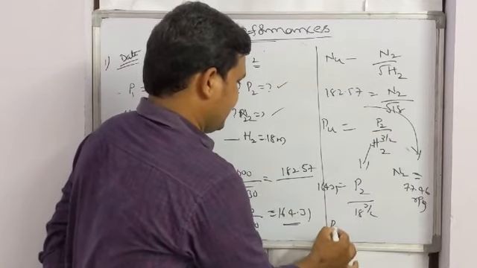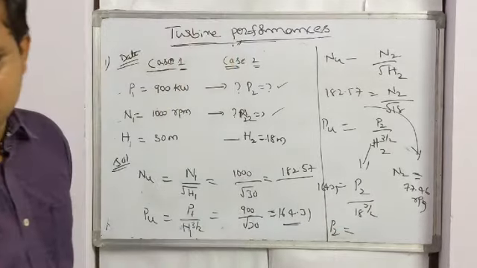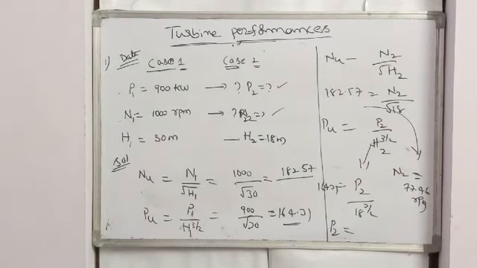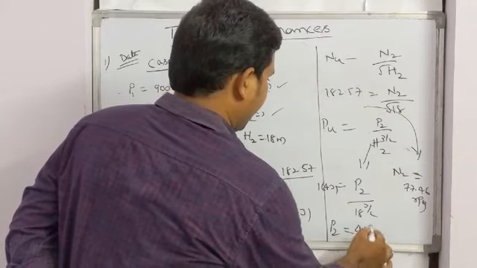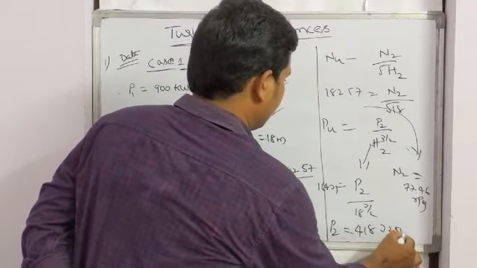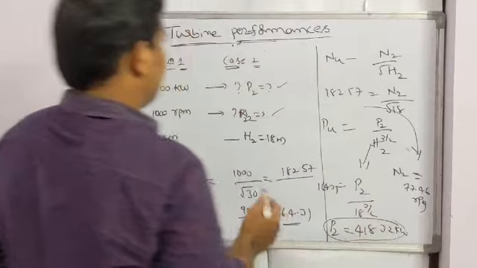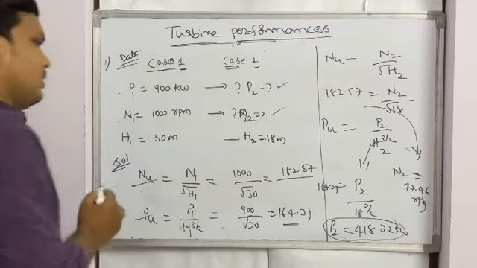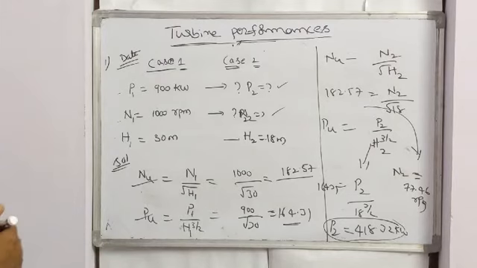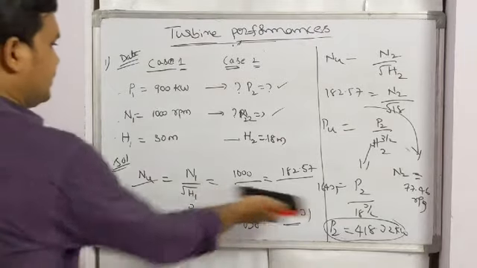By substituting all of these, in the second case the power available is around 418.32 kilowatt. This is the way the unit quantities are used for finding out the power or speed or discharges when head is varying. So this is the first problem. We may go for the second problem. So these are the answers.